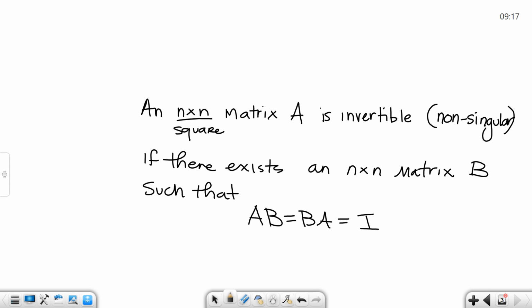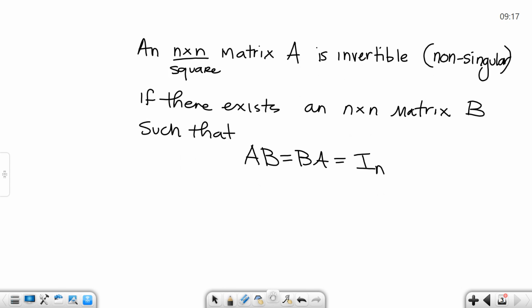Now you actually write this there. They're real detailed with it. So it's I sub n, which means the identity of size n by n. Okay, so let me expand that just a little bit more.